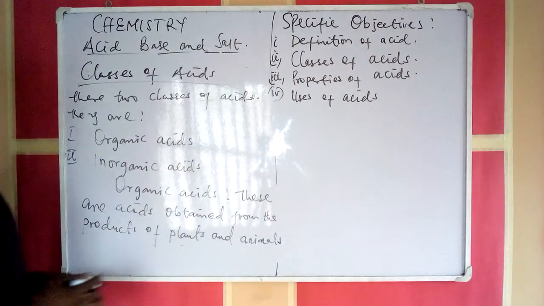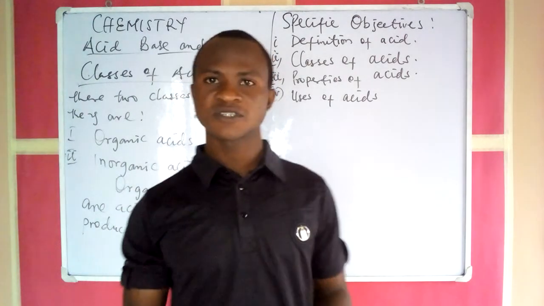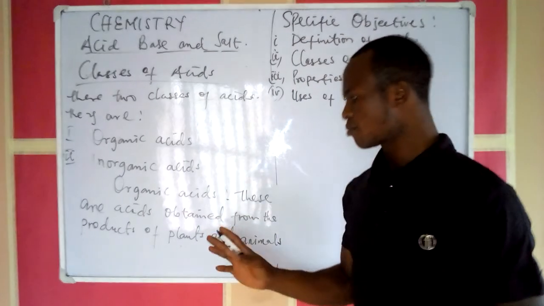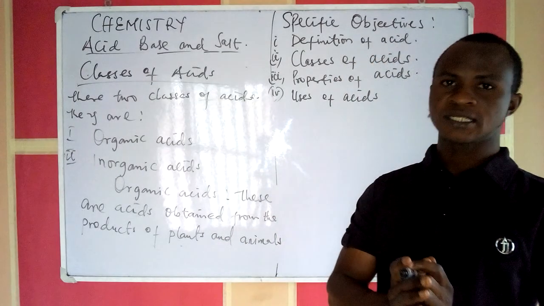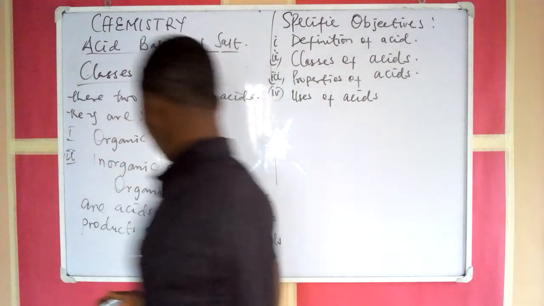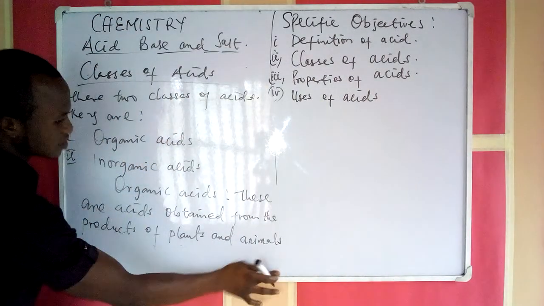I repeat, organic acids are those acids obtained from the products of plants and animals. Okay, let us look at examples of organic acids.